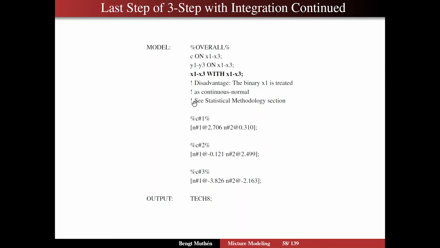It's not a big disadvantage, but it is an issue you should be aware of, and an issue that's avoided by multiple imputation. We have then the familiar fixing of the nominal most likely class variable at these different loaded values. So that's 3-step with integration.